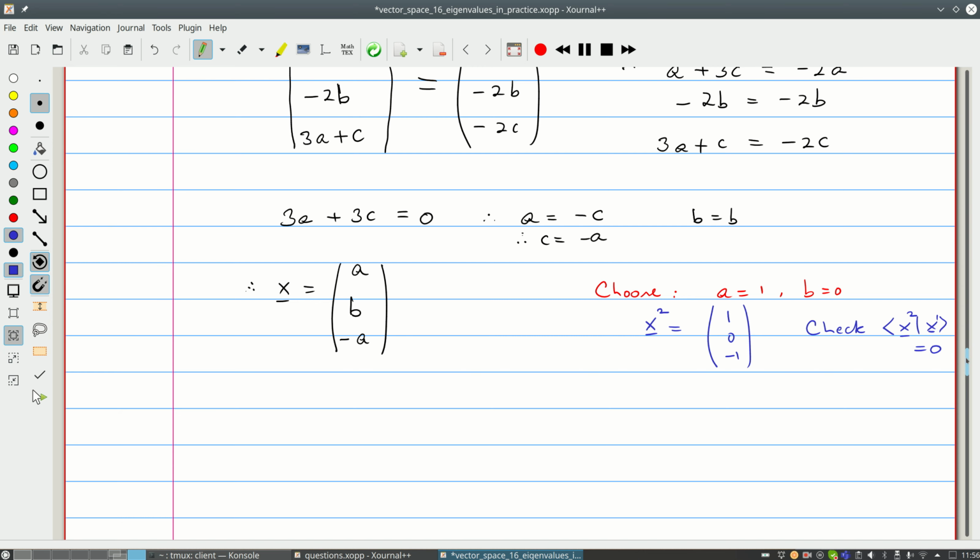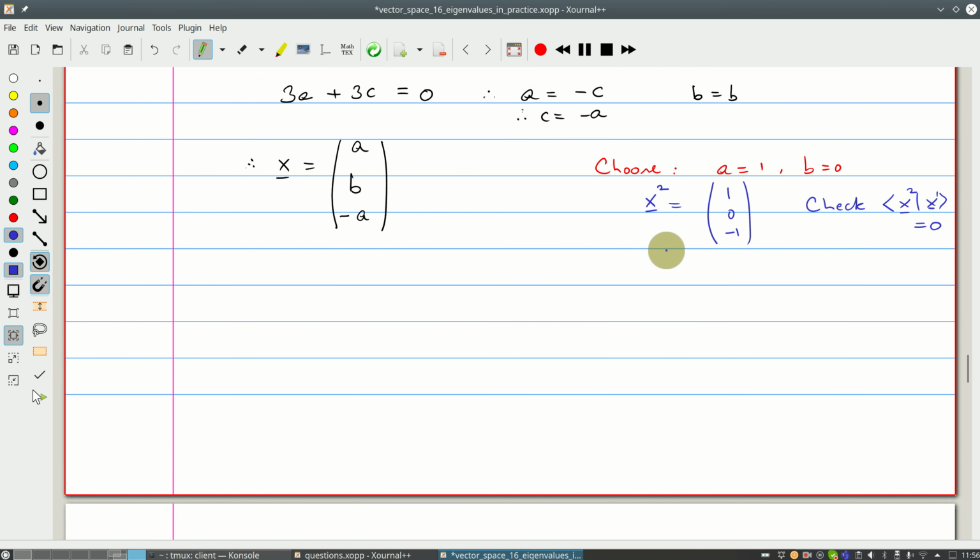All right, we have to normalize it, and I'm going to normalize it without much ado. So on normalization, x2 would be 1 over the square root of 2, times 1, 0, minus 1. Now what about the other?